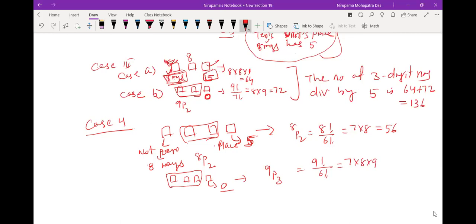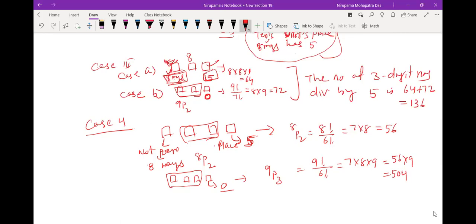So it means you are getting 72 into 7, 56 into 9, 504.